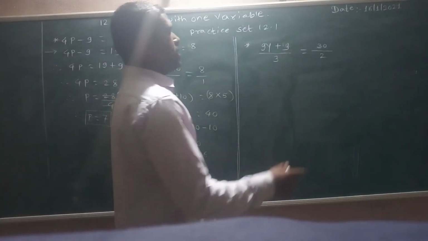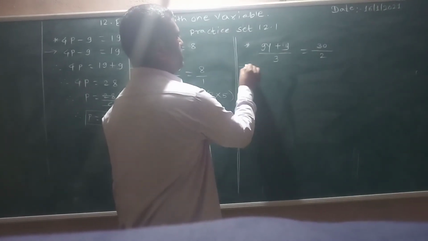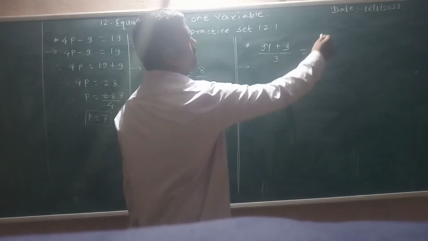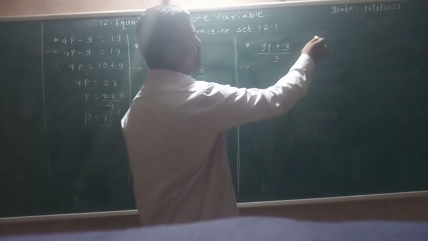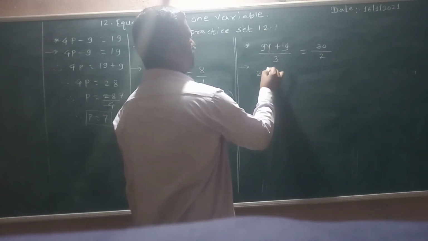See here, again we can multiply, there is a cross multiplication, or first we can take a reduced form of it, 30 is divided by 2, or take a cross multiplication.